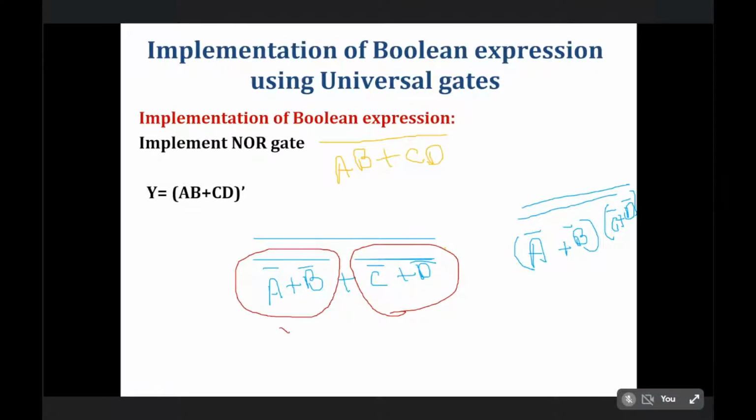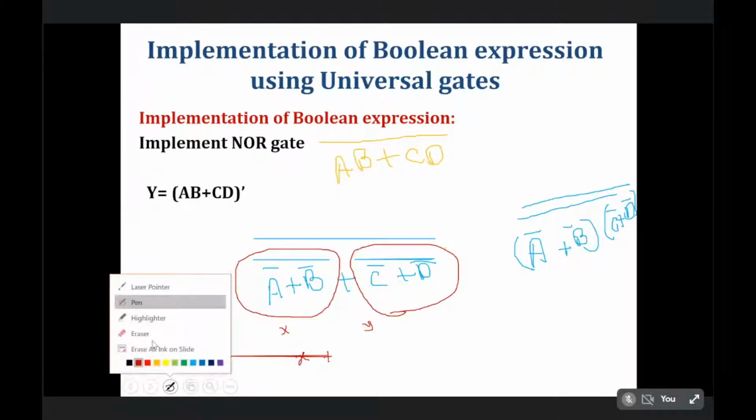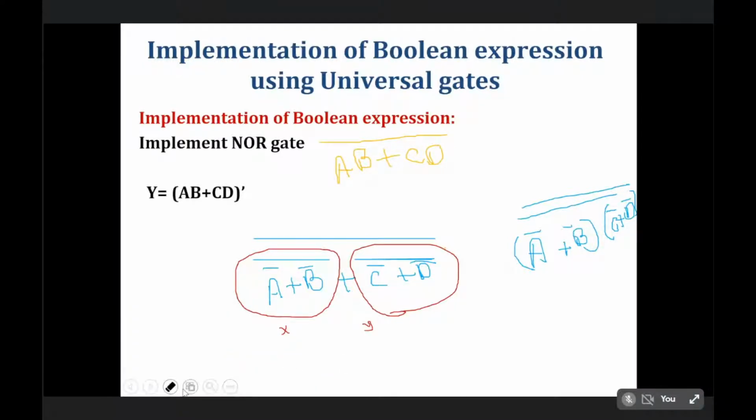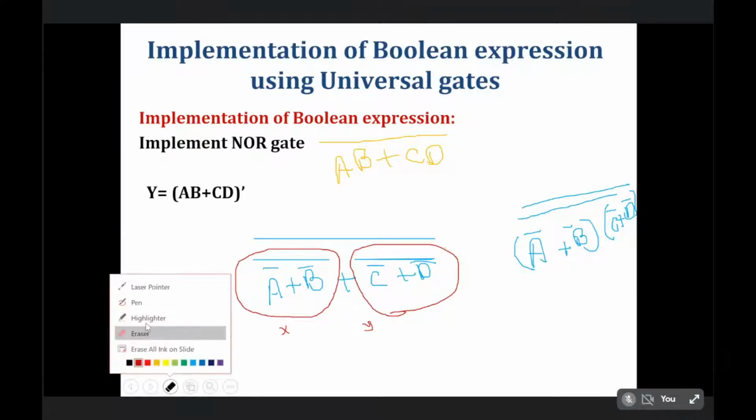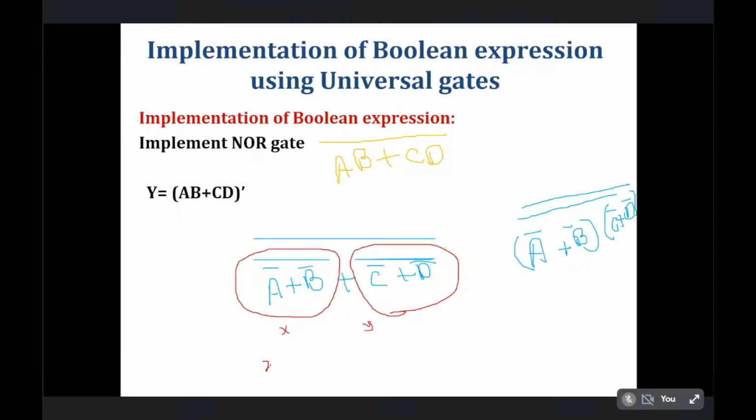So consider this as the x, this as a y. So it will be converted into x plus y.